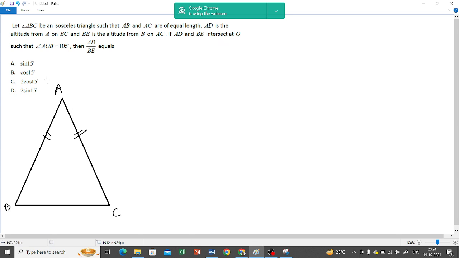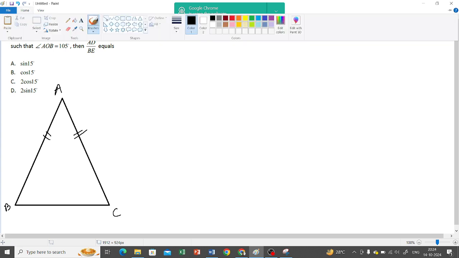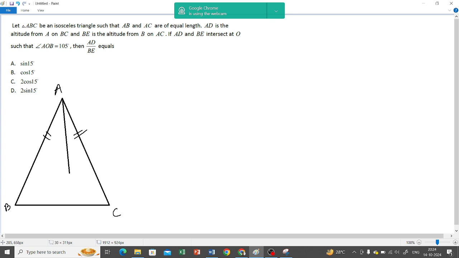Okay, AD is the altitude from A on BC, and BE is the altitude from B on AC.